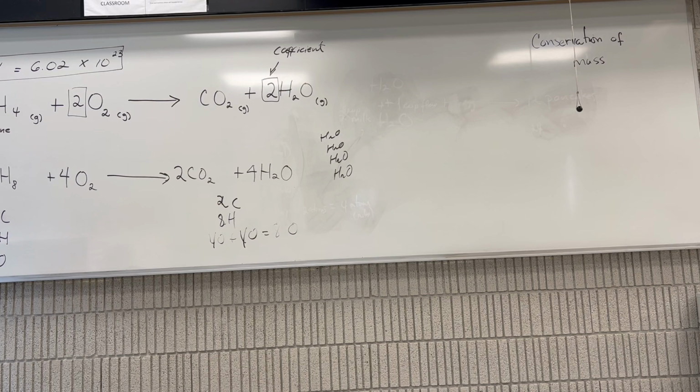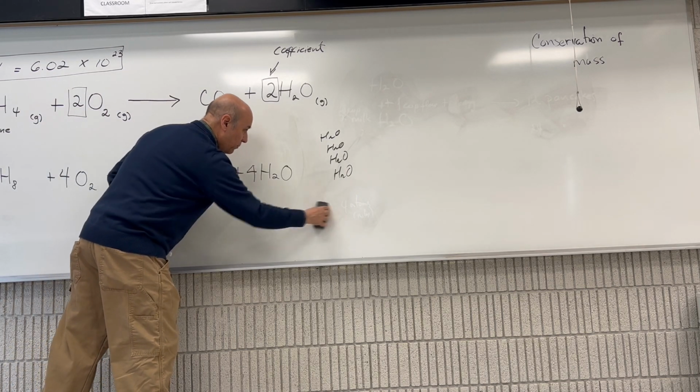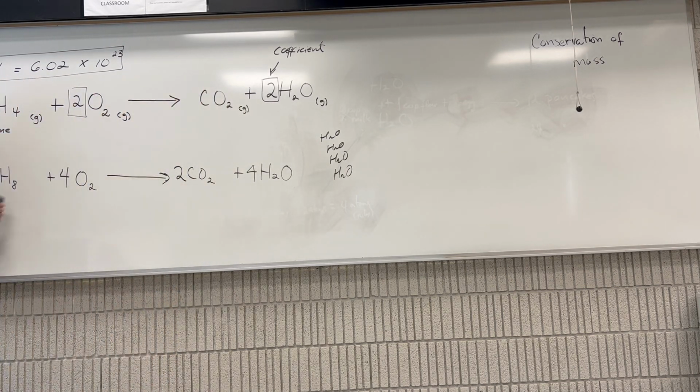I can keep going with other molecules that have the same general formula. Let me show you one more. We're not going to balance this one. I'm just going to show you that this keeps increasing: C3H12.